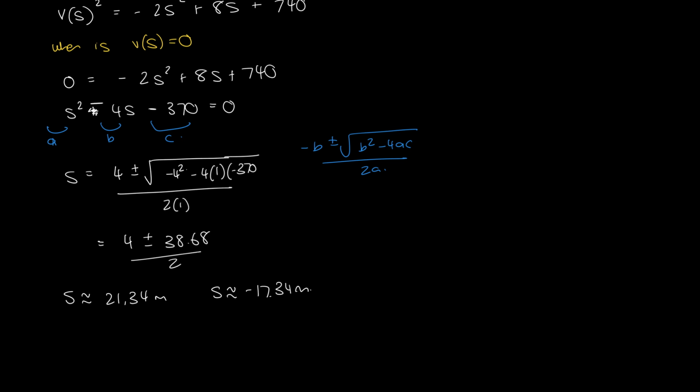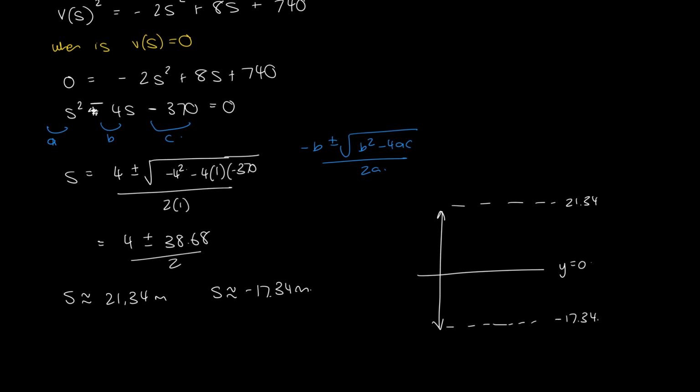So let's clarify what this is saying. Let's go back to our system here. The ground is y is equal to 0, right? Now 21.34 is sitting somewhere up here-ish. And then we're going to have somewhere down here is the minus 17.34.